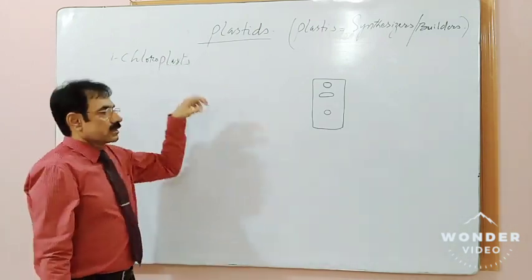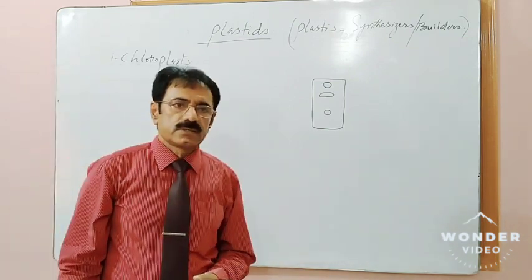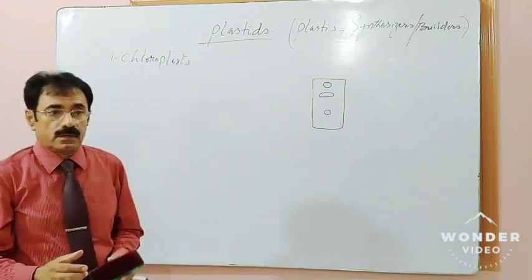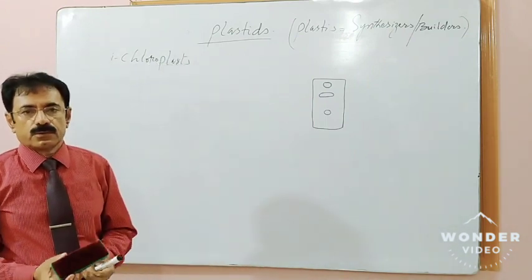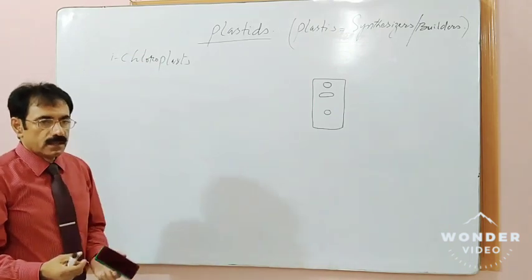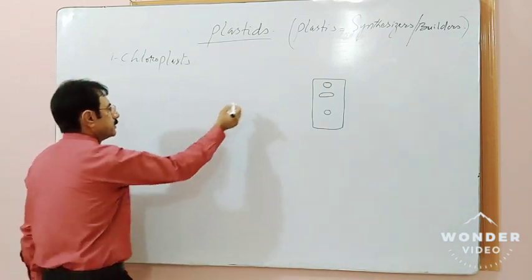A chloroplast is called the center for the synthesis of glucose, meaning chloroplasts are the center for the process of photosynthesis. The chloroplast possesses three parts. Let us see here.